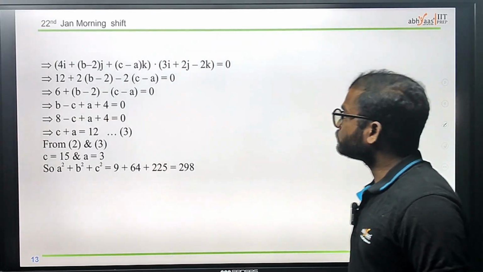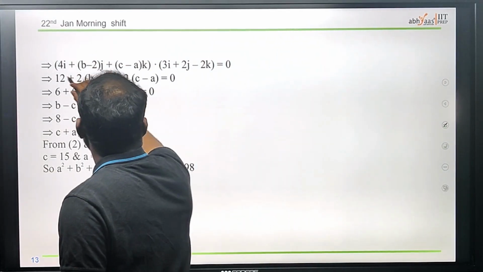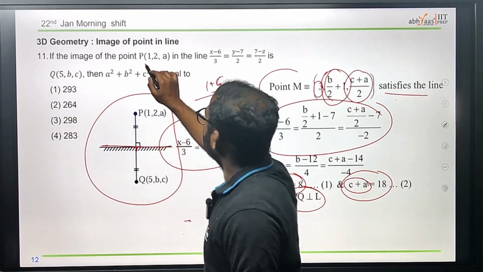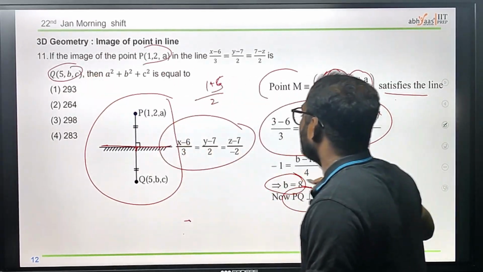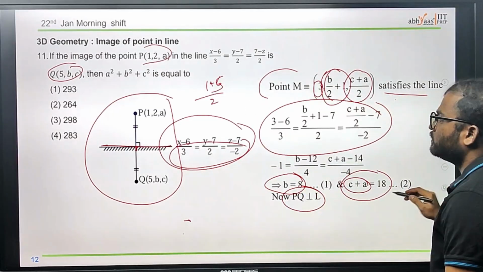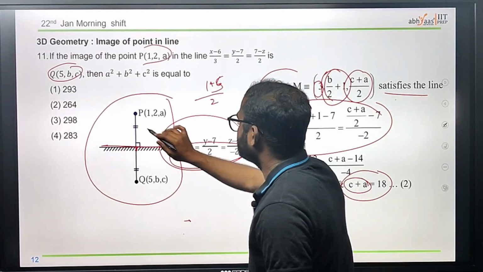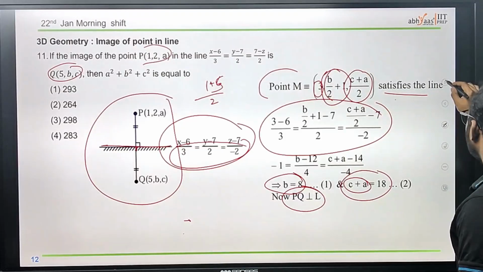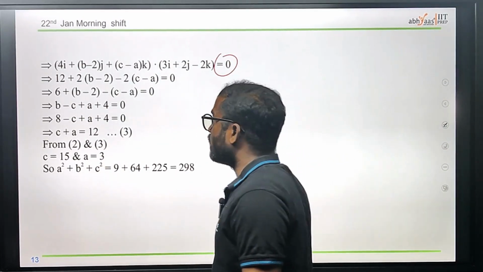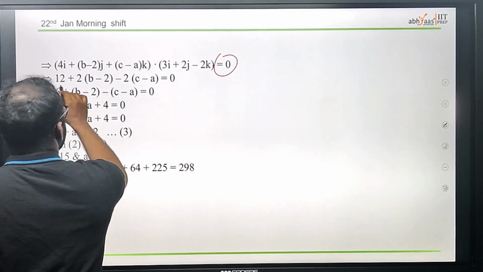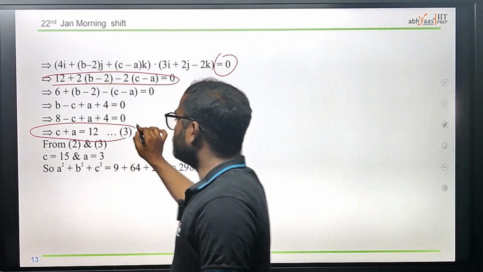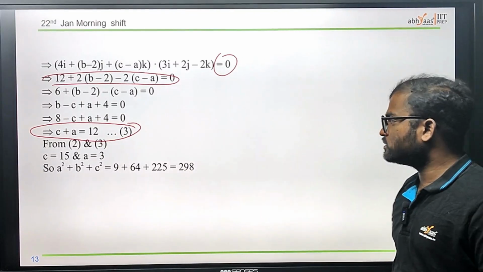Using the direction ratios 3, 2, -2 and the perpendicularity to L, we do the dot product, which is always equal to 0 for perpendicular lines. Using this we get c plus a is equal to 12, which is the third equation.